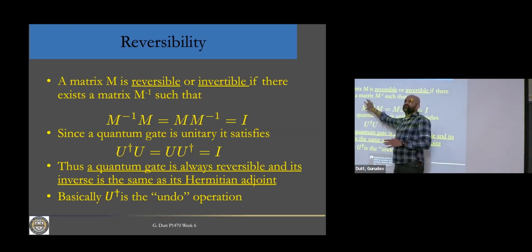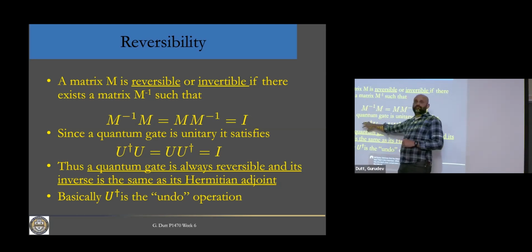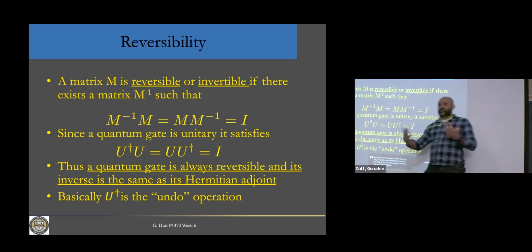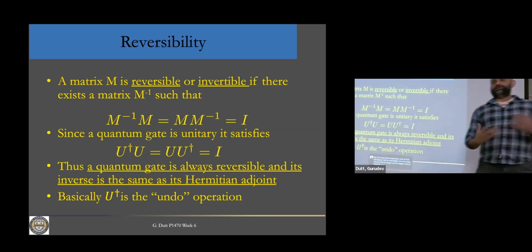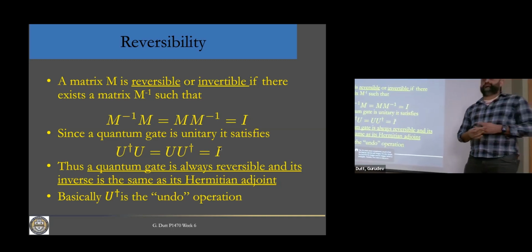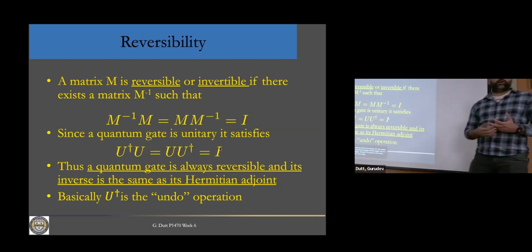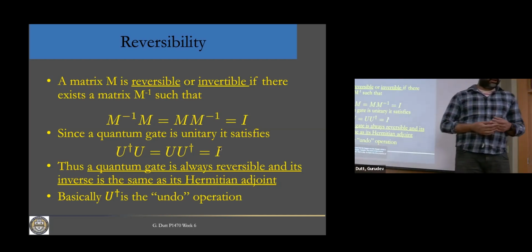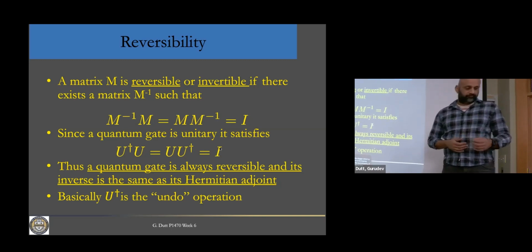The point is, yes, it's usually much more complicated to find the inverse. But for unitary matrices, it's very simple. You just find the dagger, which is the conjugate transpose, the adjoint matrix, and that is the inverse matrix as well. So that's the nice property of unitary matrices. It's very easy to find their inverse.